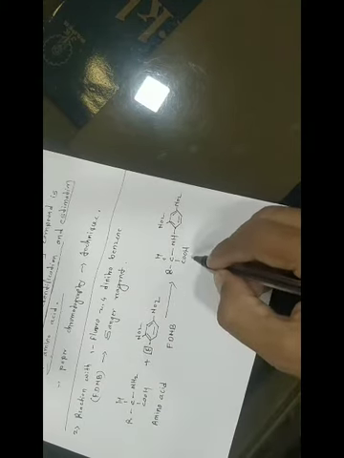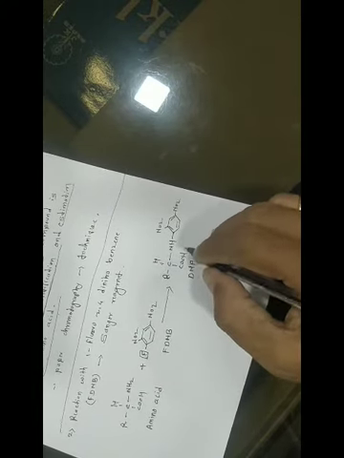This F and this one H are removed. RCHCOOH, NH, one H and F are removed. Then you get dinitrophenyl amino acid, which gives the yellow color.